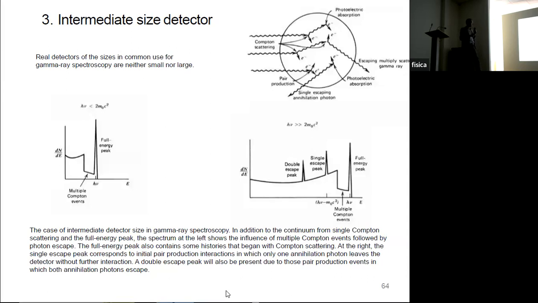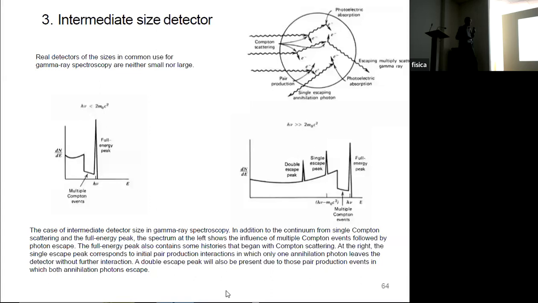In this case, your gamma ray scatters and can leave the detector, or it can scatter again, for example. And in this case, you will have this multiple Compton continuum. In some cases, you can also have, for example, a double escape peak when two gamma rays escape from your detector, and you can have a single escape peak when only one of the annihilation photons escapes from the detector.